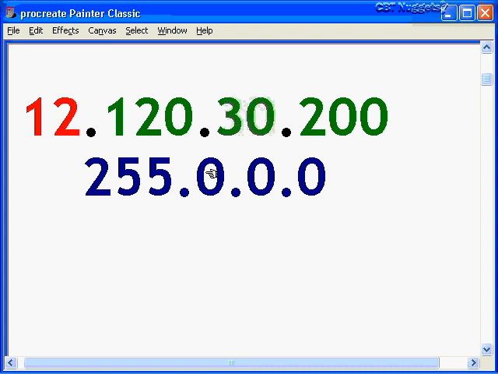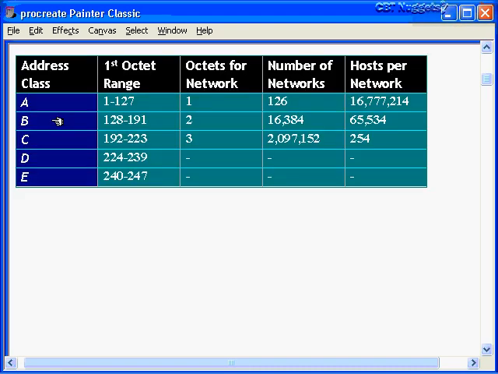This octet is all host, this octet is all host, this octet is all host. So the default subnet mask for a Class A address is going to be 255, first 8 bits all network, .0.0.0.